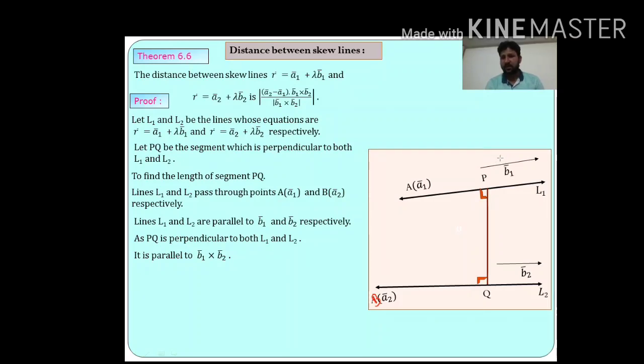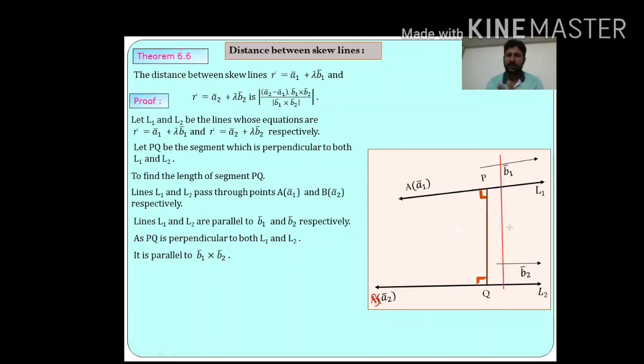Here we take the cross product of the vectors b1 bar and b2 bar. If you take the cross product of vectors b1 bar and b2 bar, you get a third resultant vector, and that vector is perpendicular to b1 bar as well as perpendicular to b2 bar. This is the concept of cross product, that is, the vector product.